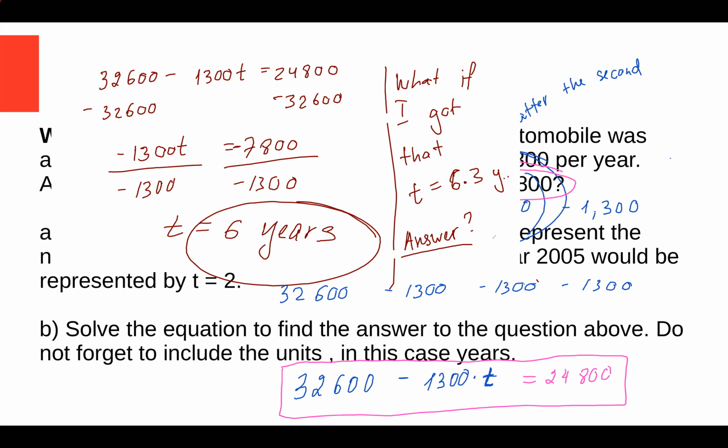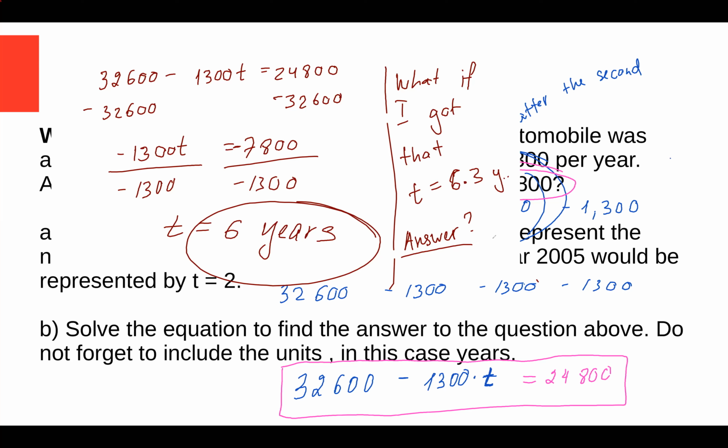But what I want to say is that after 6 years, the price will not be what we are looking for. It didn't reach it yet. It needs a little more time to depreciate.